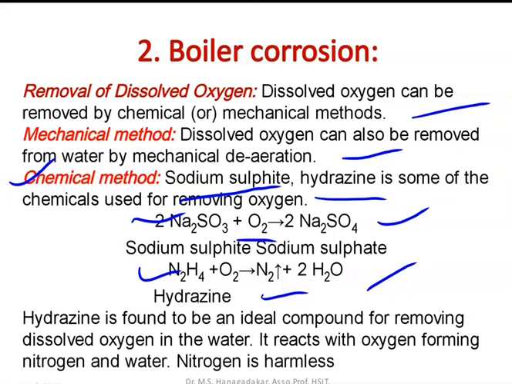Why? Because the products you get here are simply nitrogen gas and water, and the nitrogen is harmless to the environment, so there is no damage to the environment by using a chemical like hydrazine in boiler feed water.